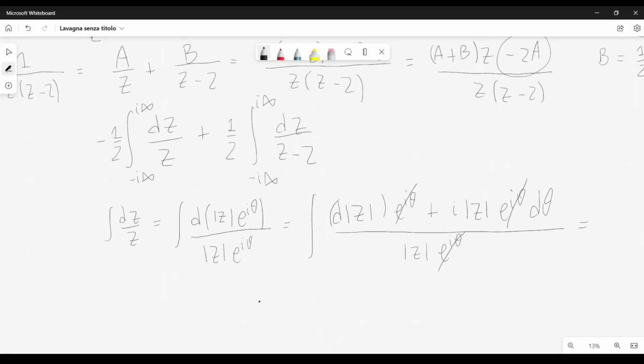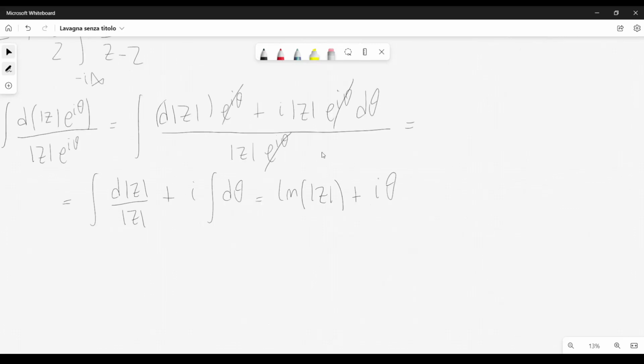So here, this is equal to integral of d mod z over mod z plus i integral of d theta, because in this case we can simplify mod z with mod z here. So you see that we get the logarithm of mod z plus i theta, but we can rewrite i theta like this.